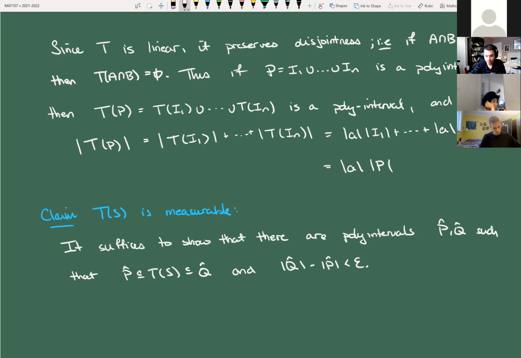this is true, right? Again, I don't want to prove this. It does take a little bit to prove, but we've basically already proven this, right? When we were talking about, remember, in the definition of integrability, we said the integral is precisely the number which is between the infimum of the upper sums and the supremum of the lower sums. If you think about the P hats here, the polyrectangles or polyintervals that live inside of T of S, as being the under approximations, like the lower sums, the inner measure is their supremum.